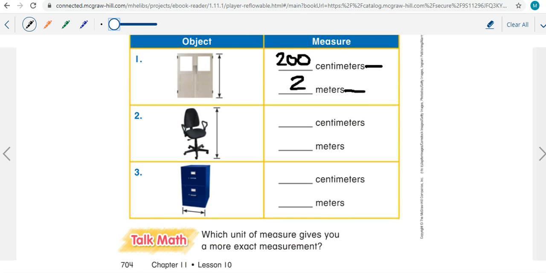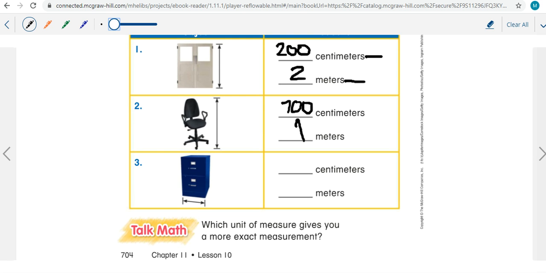Okay? Now, this chair is not too tall. So let's say that this chair is about 100 centimeters. And that will be equal to 1 meter. How wide is this cabinet? Let's say that this cabinet is about 150. No, let's say it's less than 1 meter.